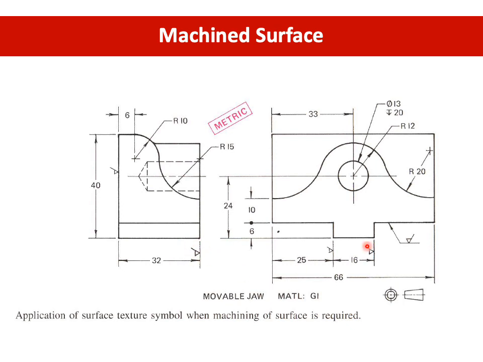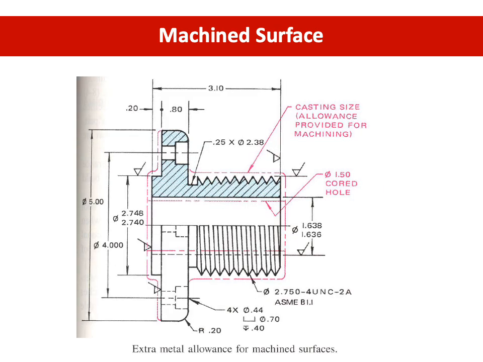It shows here your machining line, obligatory. So this is the application of the surface texture symbol when machining of a surface is required. Take note of that. There's a machine surface.